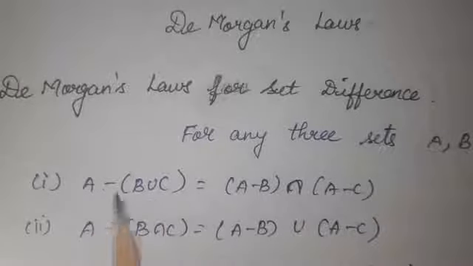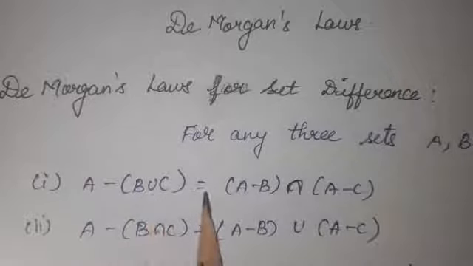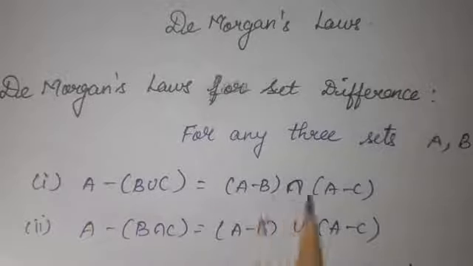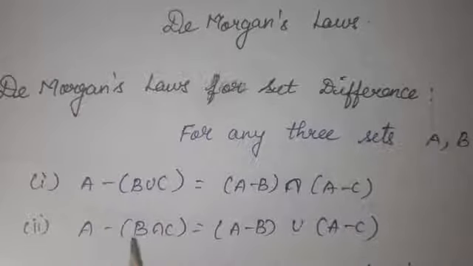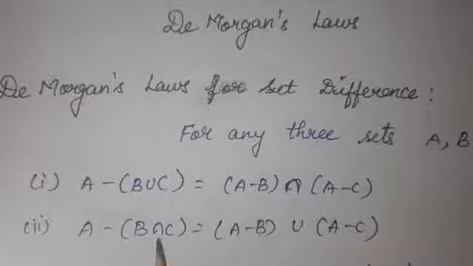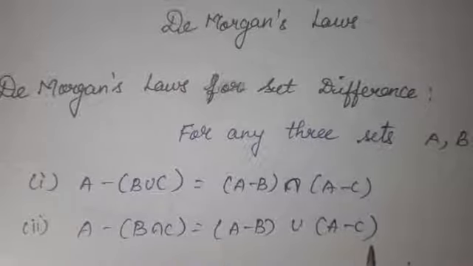Once again, let me repeat: A difference B union C is equal to A difference B intersection A difference C. The second one: A difference B intersection C is equal to A difference B union A difference C.